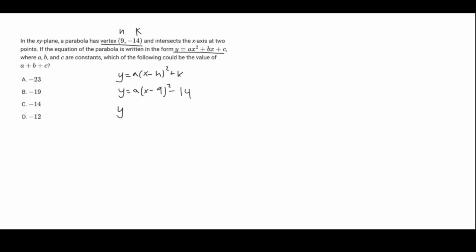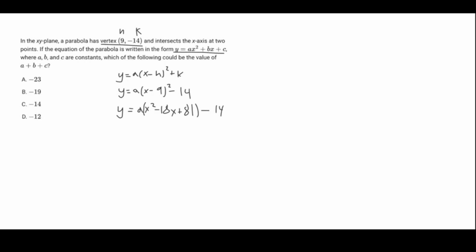So y equals a, and then x minus 9 squared would just be... I actually want to put this in the parentheses. So x squared minus 18x plus 81. And then we have the negative 14 on the outside. But now notice how the a times x minus h squared, the a is attached to it.